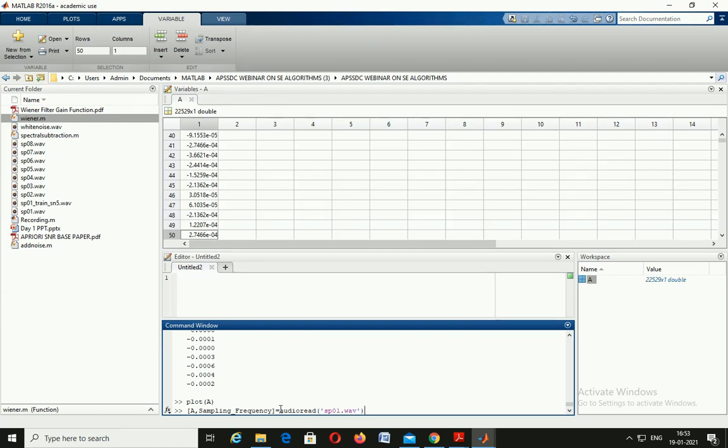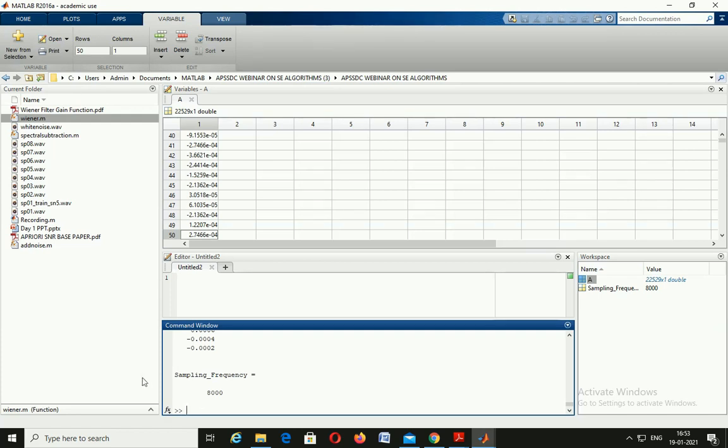By executing this statement, you came to know that the sampling frequency value is 8000. What is the meaning of sampling frequency? 8000 means that per 1 second it is storing 8000 samples. That is, for 1 second of the spoken speech, it is going to sample 8000 values. So that is the sampling frequency.